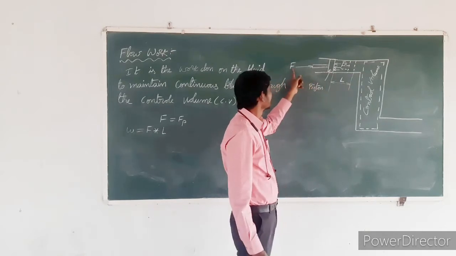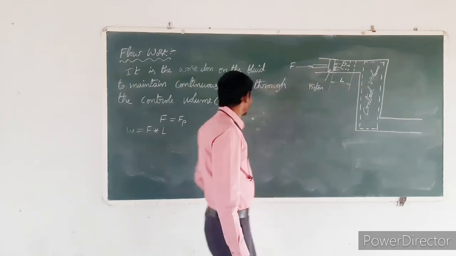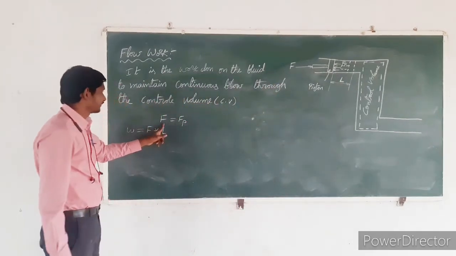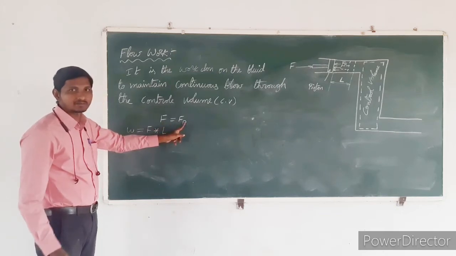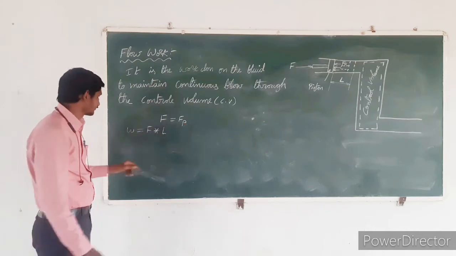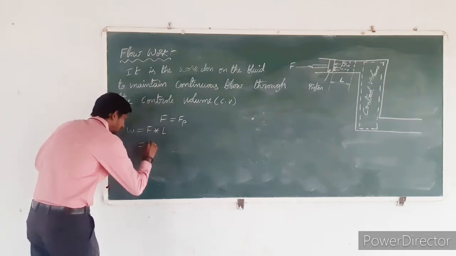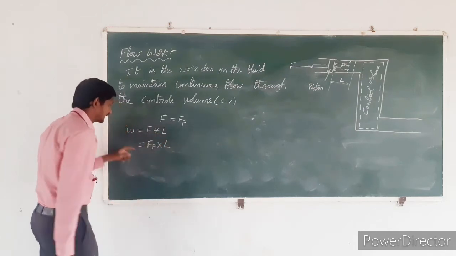The product of F into L gives us flow work. So F is equal to the force offered by the fluid particle, that is Fp. So it is written as Fp into L.